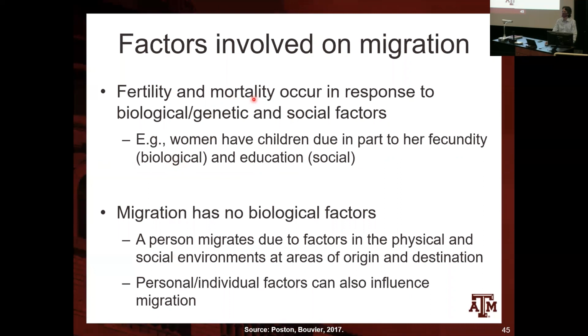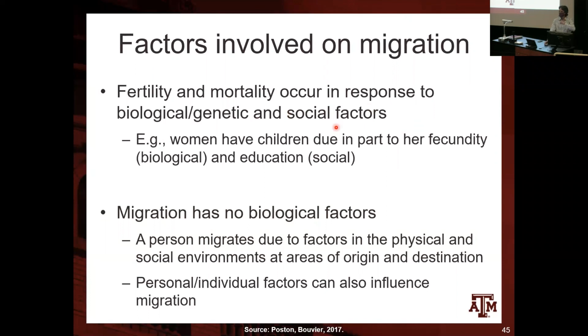Mortality goes in the same way. The way that my society is organized, whether I have enough health resources, if I have treated water, sewer system, all these basic services in my society, that will tend to decrease the chances of dying. So mortality in this case is related to social factors.